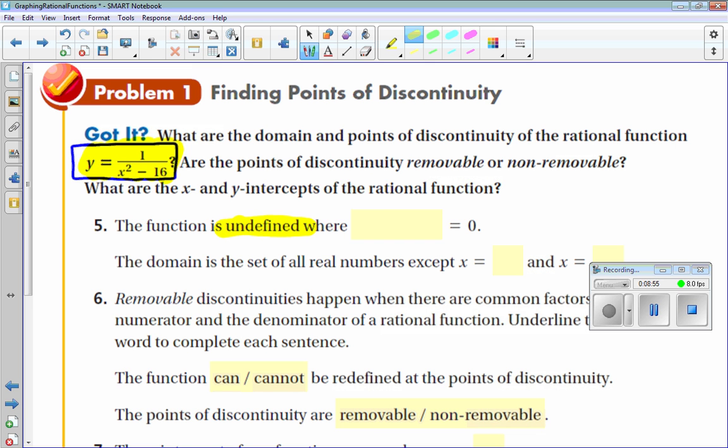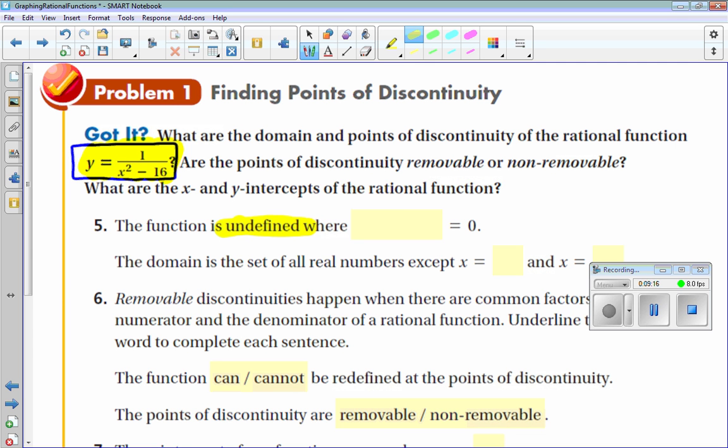That's going to help us decide the domain and the range. So when you have a function like this, what would make it undefined? I know things like I can't have a negative underneath the square root, and I can't divide by 0. What would make that happen here?